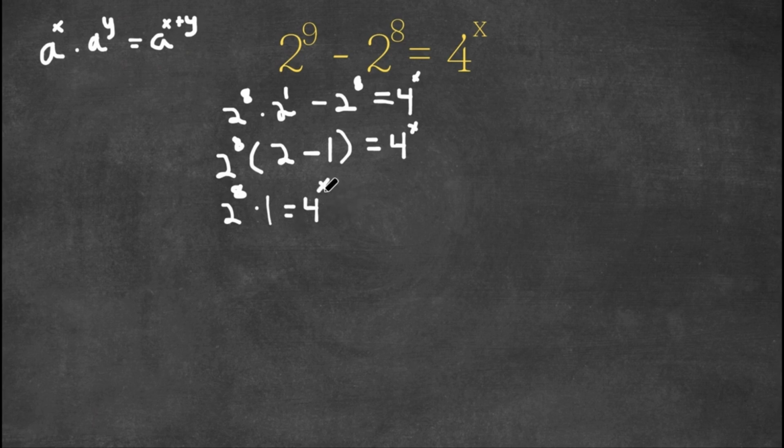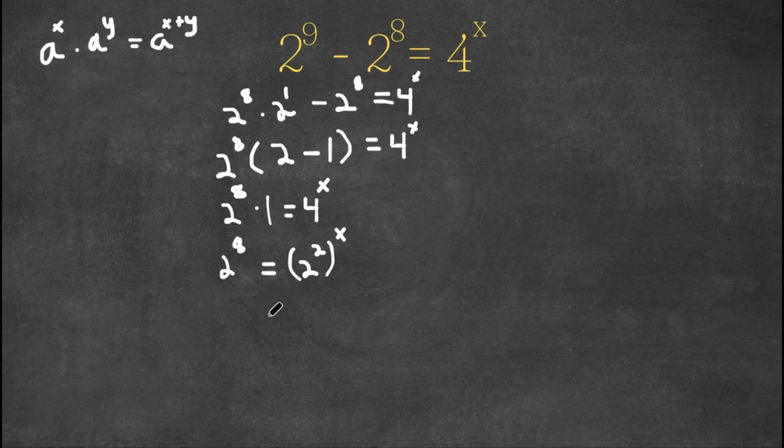Now, 4 to the power of x can actually be rewritten as 2 squared to the power of x. All we did was replace 4 with 2 squared. And this is equal to 2 to the power of 8 times 1, which is simply 2 to the power of 8.